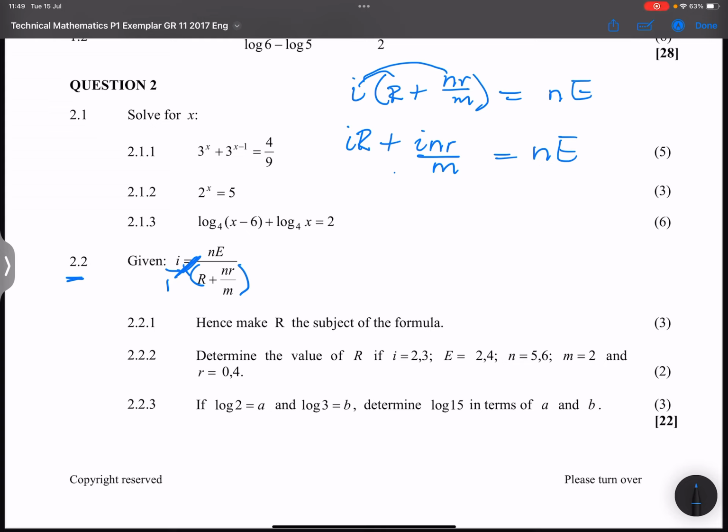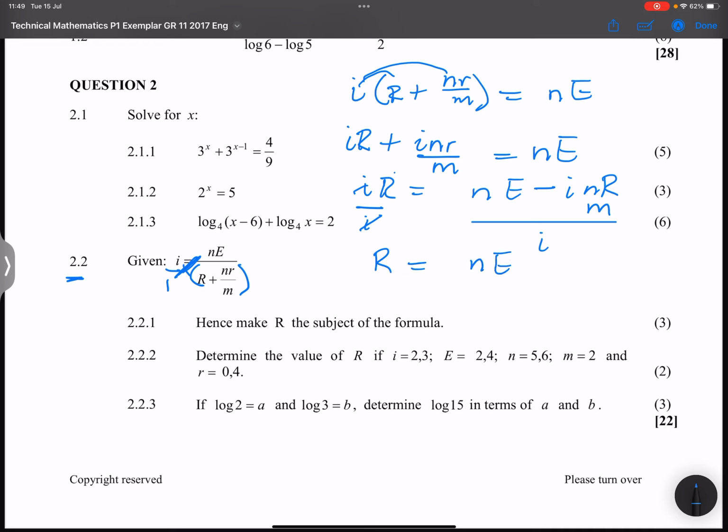And so that means that I'll have IR, which is NE minus INR over M, and this is all divided by I, we can divide both sides by I. And so R would be equal to that entire thing.